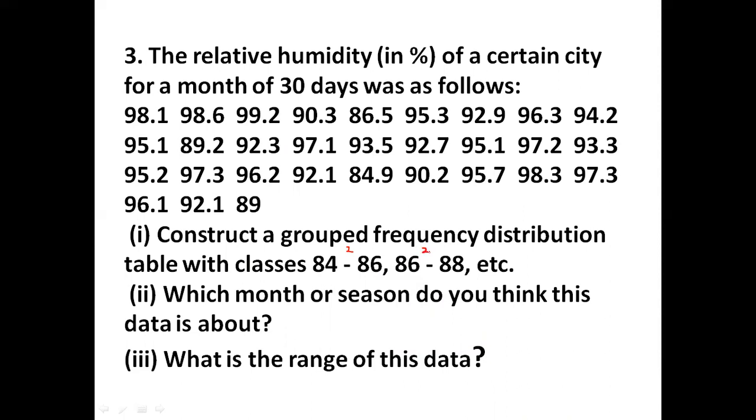So the last interval will be 98 to 100 so that we can get 99 in the middle. Then which month or season do you think this data is about? Once we have the table, we will be able to tell that and also the range of this data.